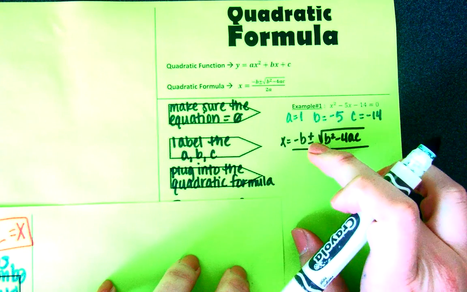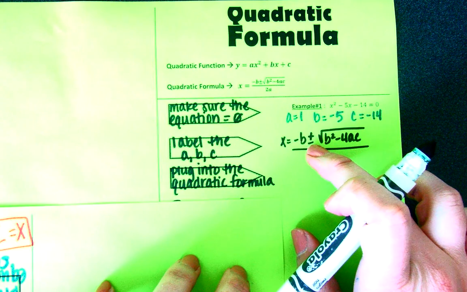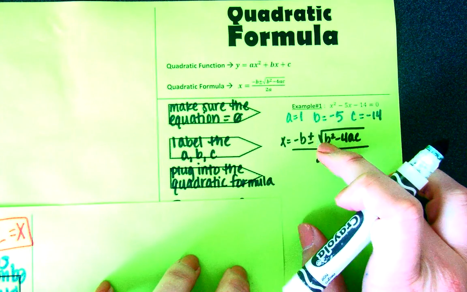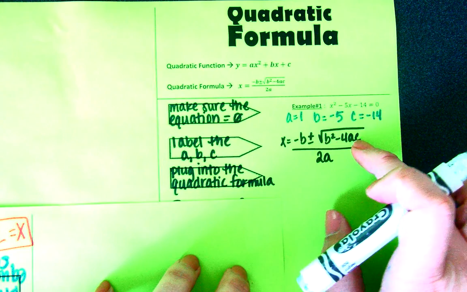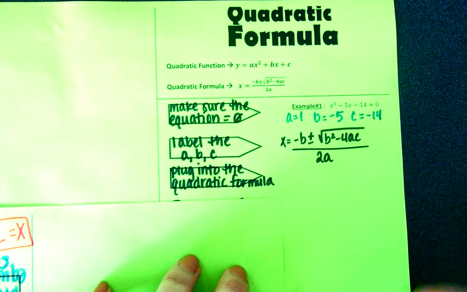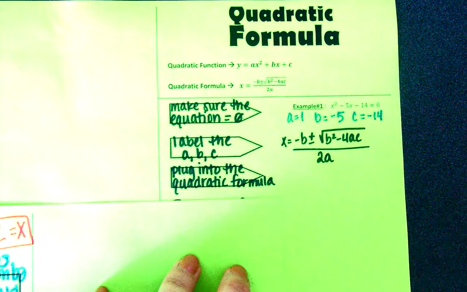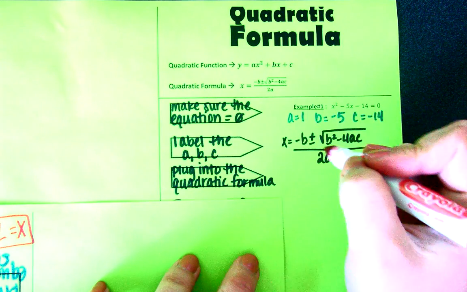This plus or minus sign means it's going to split up later. You'll see what I'm talking about here in a second. Times the square root of b squared minus 4 times a times c all over 2 times a. Now you just plug in your numbers. Remember, when you plug in numbers, you must put them into parentheses. If you forget your parentheses, it could cause you to get your answer wrong.